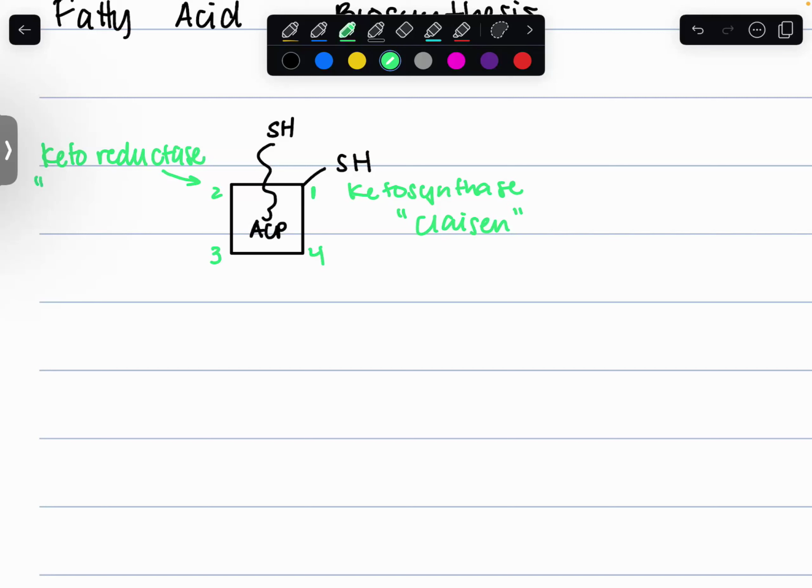Reduction. Number 3 is a dehydratase. It's going to do an elimination. And our last step, enoyl reductase, which is probably going to do reduction.